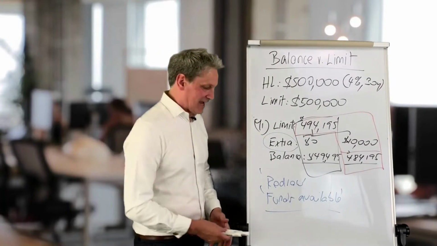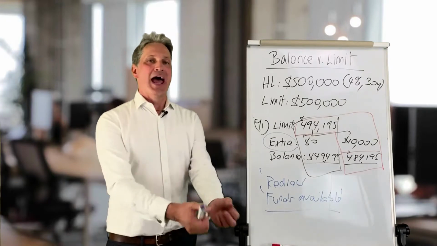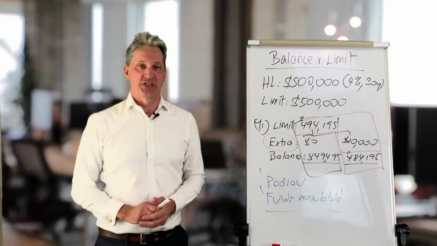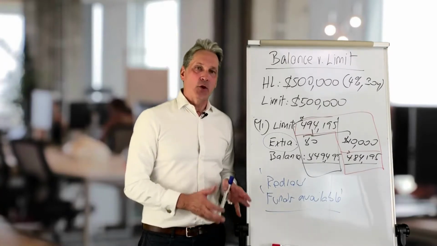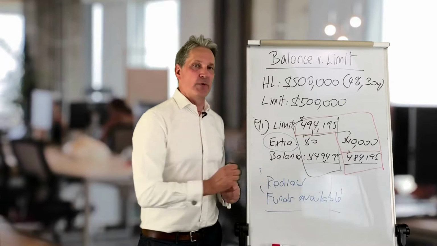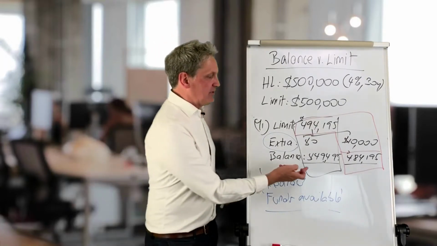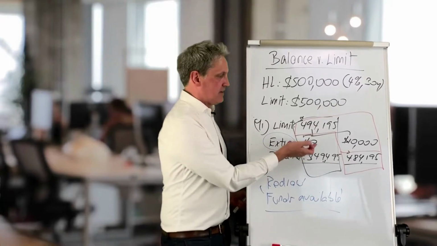It all means exactly the same. It basically means that that money should be available to you as a redraw. In other words, you can take that money out and use it as you wish. It doesn't matter what the banks call it. Those funds are available to you for redraw. You can take it out and use it again. What happens if you take it out? Then again, your extra repayments go down to 0 and it goes back to $494.